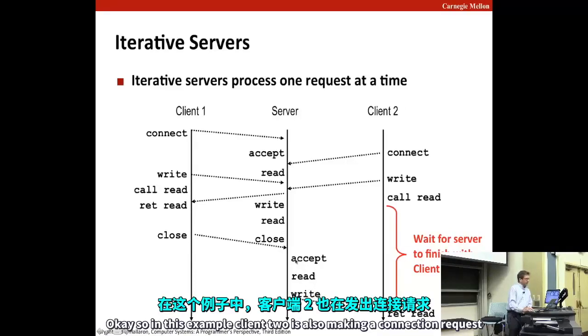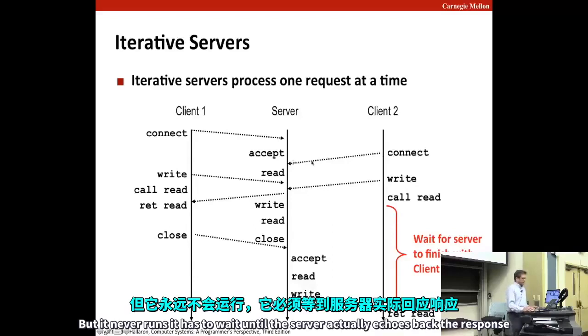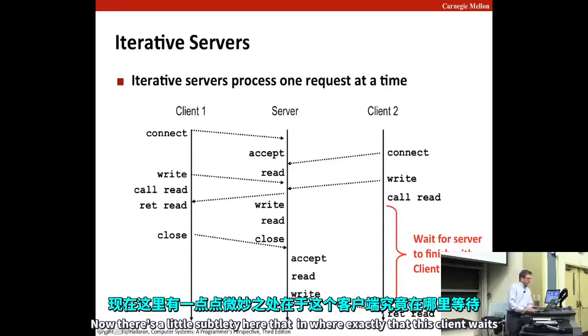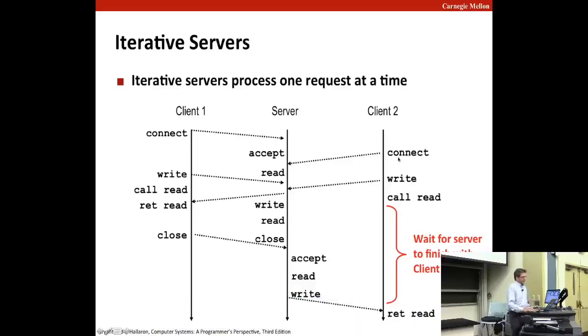So in this example, client 2 is also making a connection request, but it never runs. It has to wait until the server actually echoes back the response. Now there's a little subtlety here in where exactly this client waits.